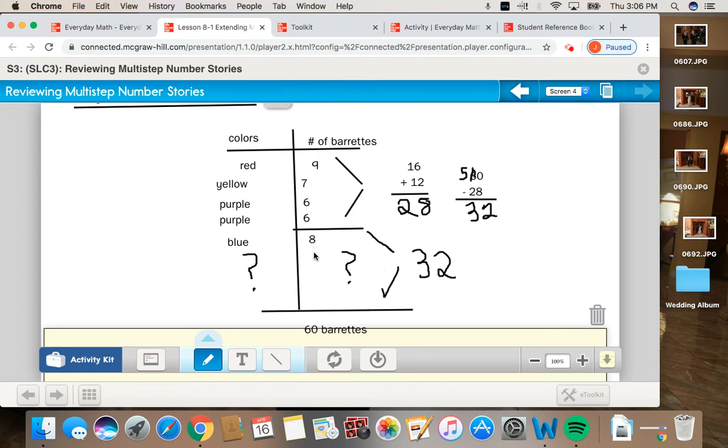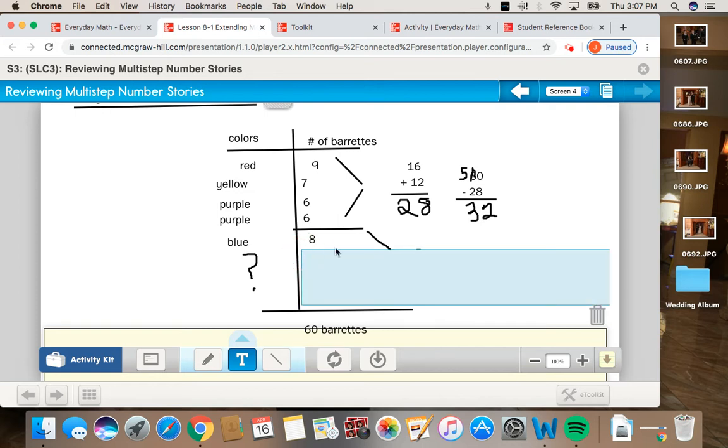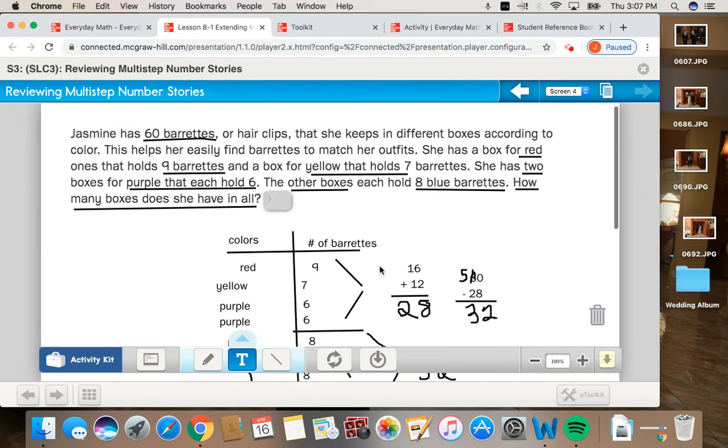So how many groups of 8 do I need down here for my blue boxes? Did you say 4? I hope so, because 32 divided by 8 gives me 4. So I have 8, 8, 8, and 8. So here's my 32. Let's go back up to the question.